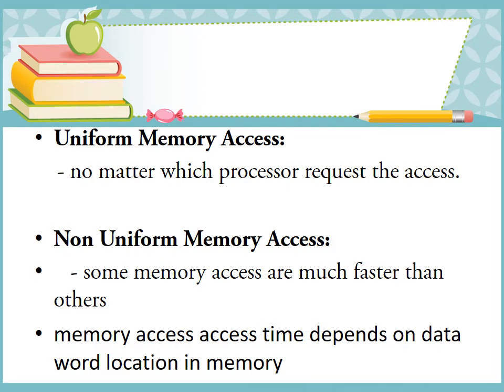In this case we have two different types of memory access: uniform memory access and non-uniform memory access. From the name, uniform memory access means that no matter which processor requests access, the request is granted.